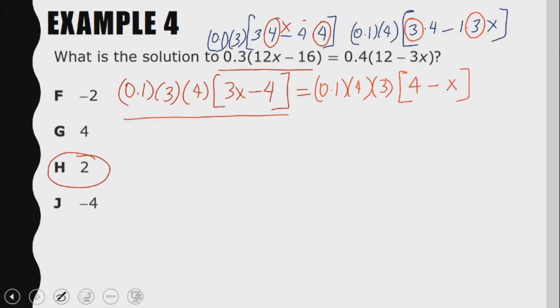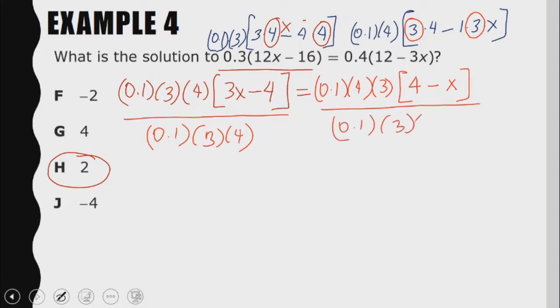We can divide both sides by 0.1 by 3. If you do that, you can see 0.1 goes in once, 3 goes in once, on both sides.